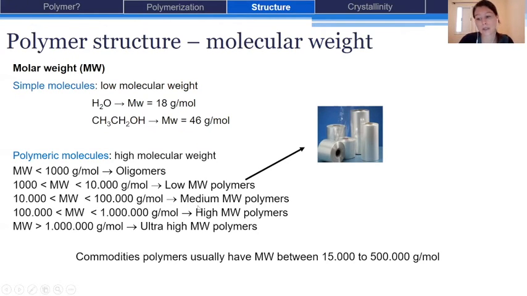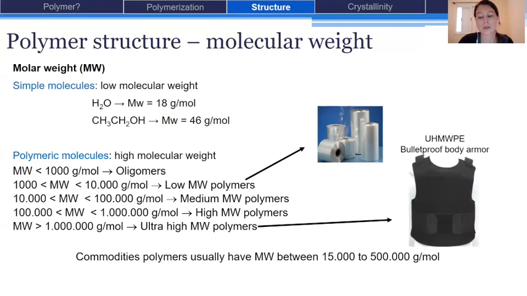So then we have the medium molecular weight polymers, high molecular weight polymers, and when the number is higher than 1 billion gram per mole, we call them ultra high molecular weight polymers.